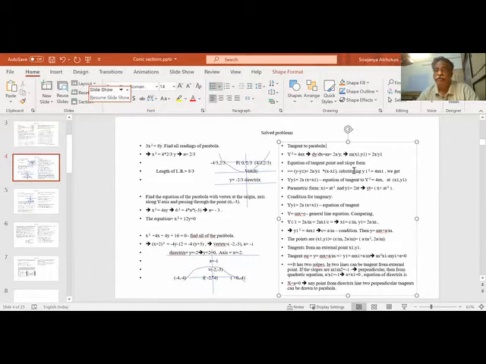And if I substitute y1 square is 4a x1 into this equation, we get y y1 is equal to 2a into x plus x1. I told you, suppose it is a circle, x square plus y square is r square, so x x1 plus y y1 is equal to r square is the tangent to the circle.